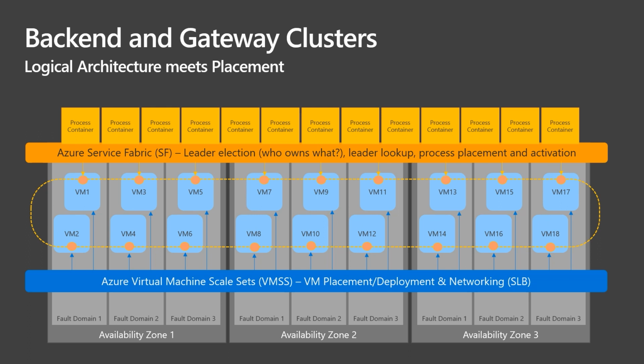We don't influence that at all. And then the process container starts. We use container here as a model. Don't think Kubernetes. We actually run on Windows. A process container is effectively a Windows abstraction that hosts multiple processes in parallel, but it's something that runs on top of Azure Service Fabric.